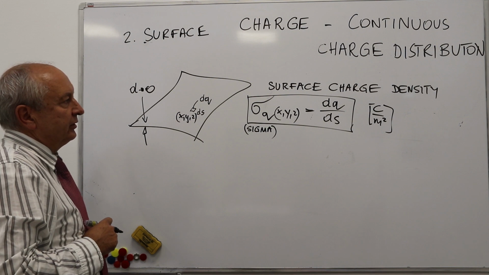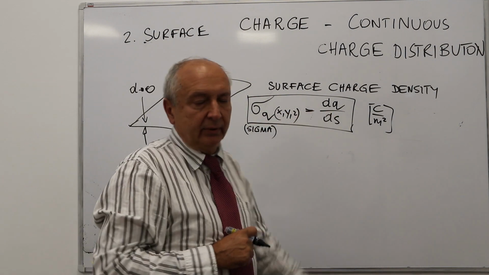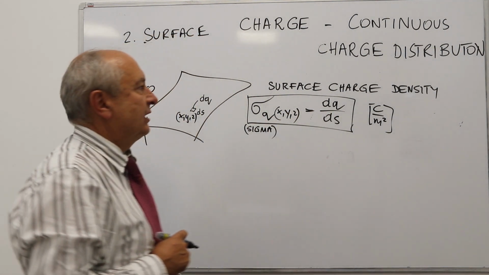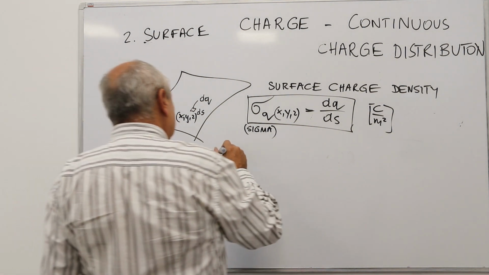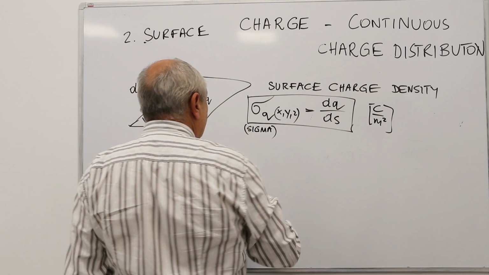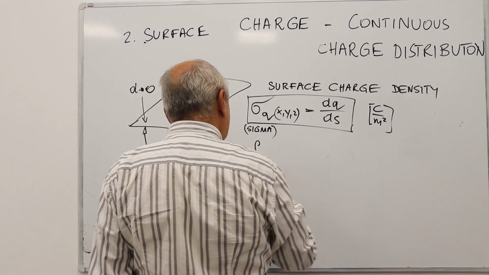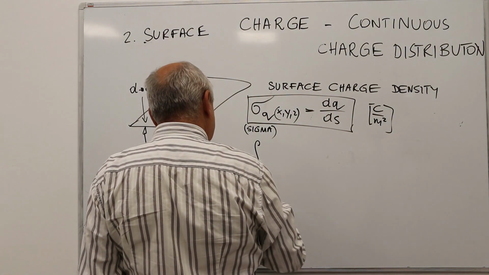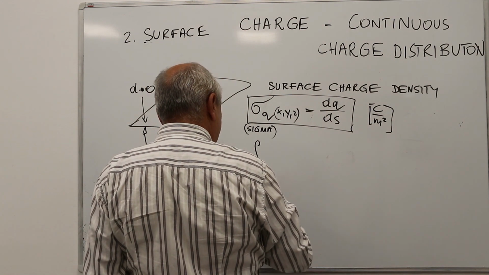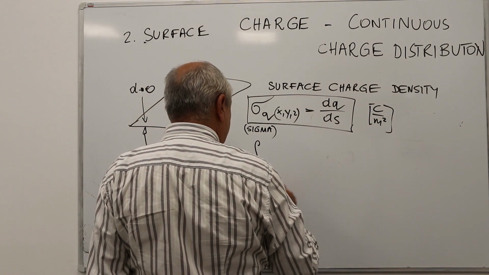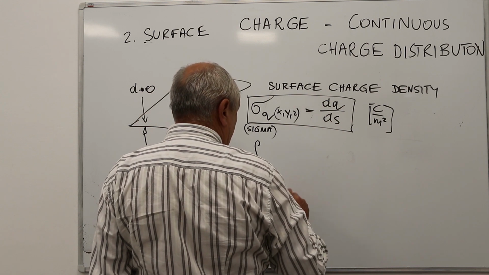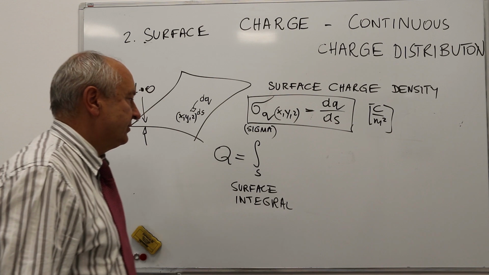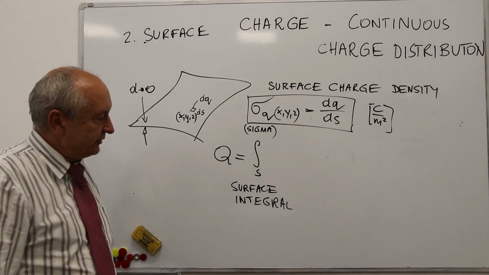When we know the function that describes the surface charge density, we can calculate the total charge Q from a formula. This integral is called a surface integral.